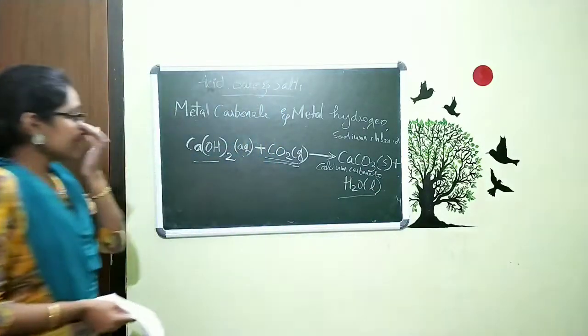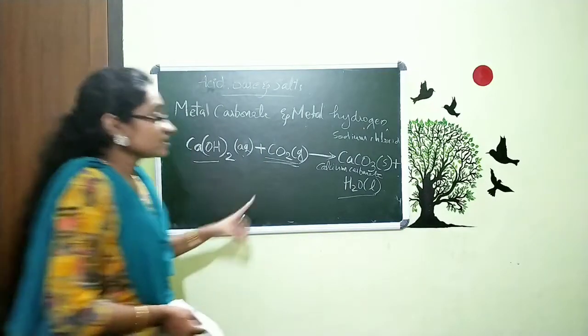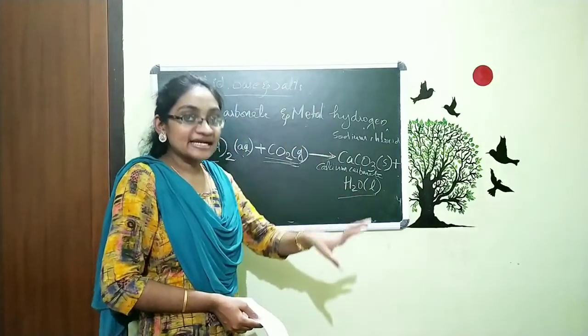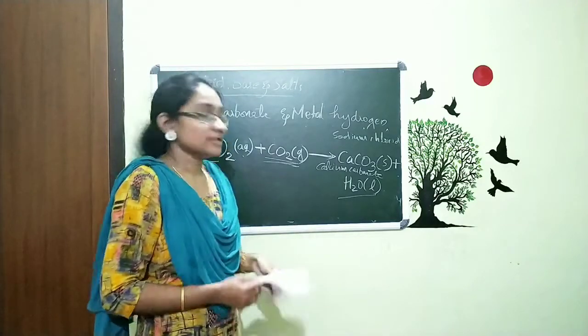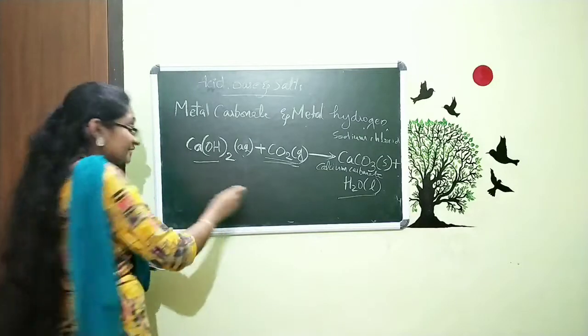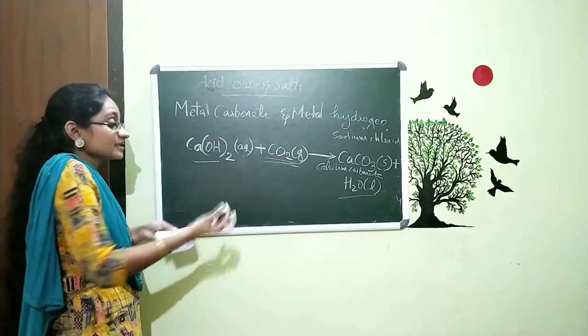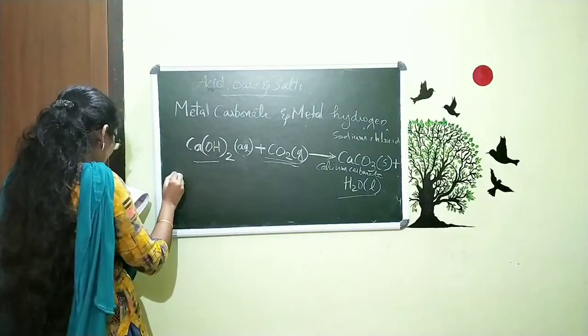And when we keep this for a long time, this calcium carbonate again reacts with carbon dioxide and gives another product. Now we are going to write that equation. When excess carbon dioxide keeps coming into this beaker, the equation is like this.